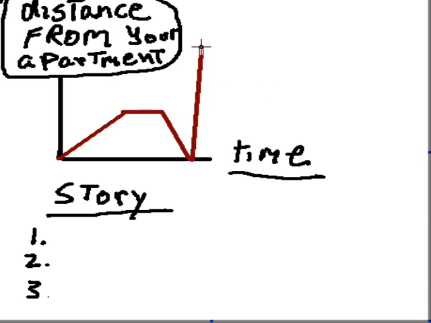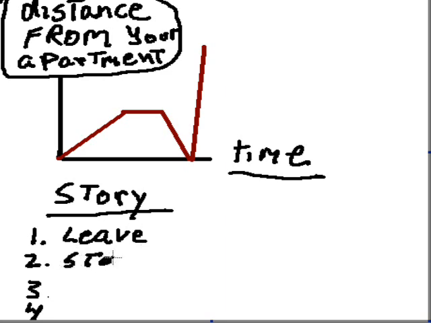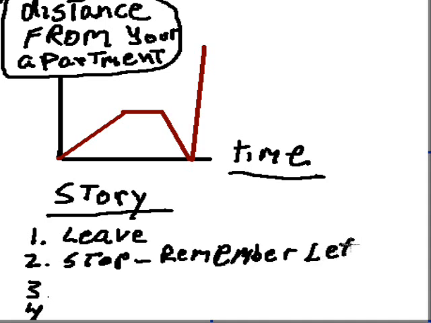I speed up steadily, increasing my velocity as I go, going to work. Those are 4 points. Step number 1, I leave the apartment. 2, I stop. I remember I left something at the apartment. Abbreviation APT.